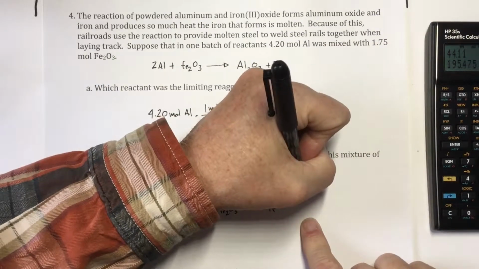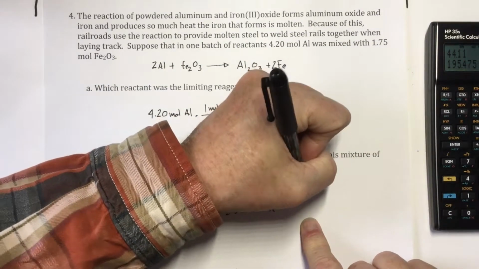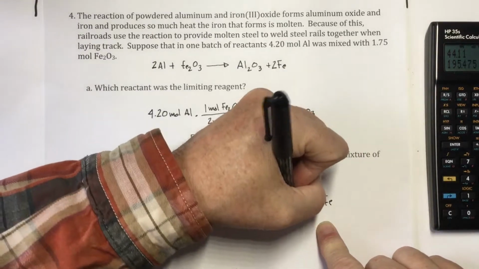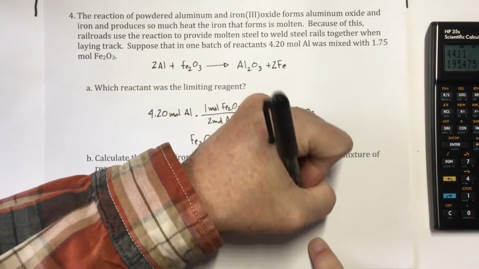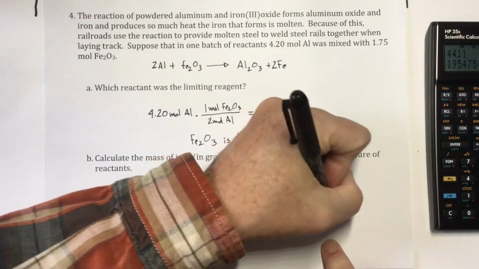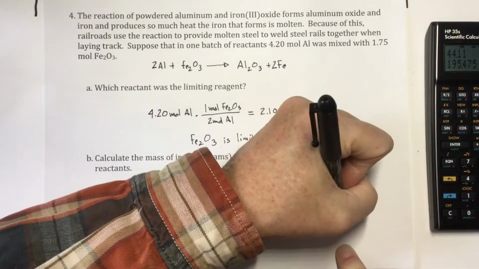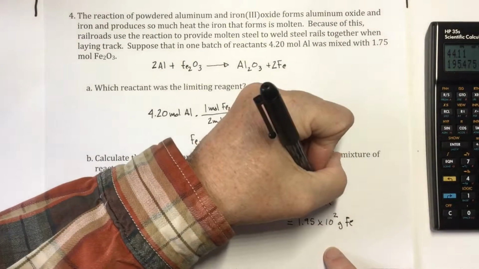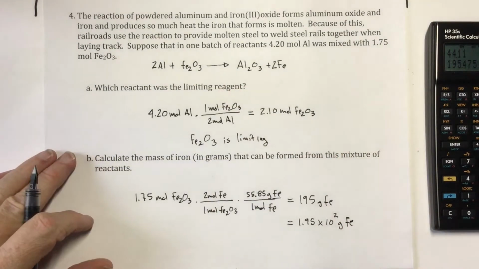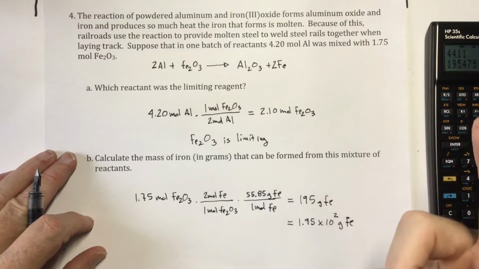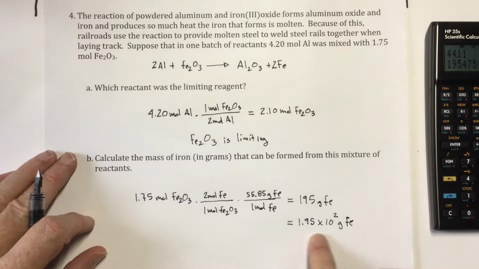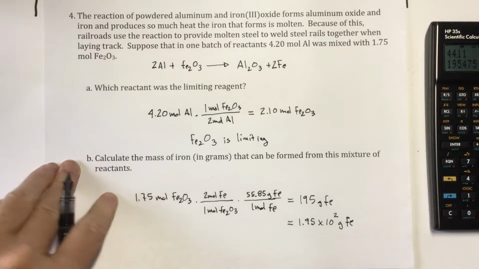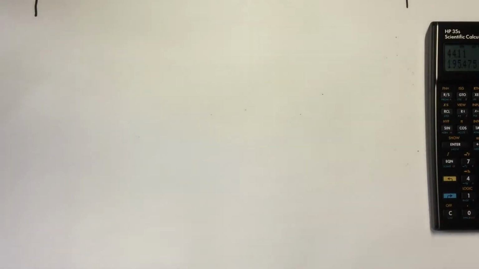So instead of just putting 195 grams of Fe, a preferred answer might be 1.95 times 10 to the 2 grams of Fe. A lot of that will depend on what your teacher likes to see you do. So in this case, if I'm your teacher, let's go this route this time. Okay, problem 4. Done.